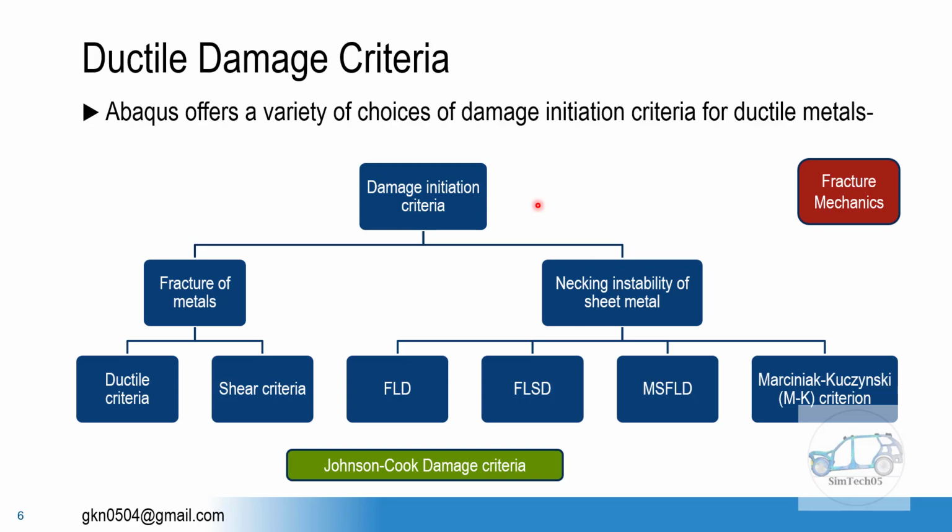But Abaqus will not affect the material response. I mean to say, it will not degrade the stiffness. So till now we understood we need both the damage material parameters and the damage evolution law to delete an element at a particular location.